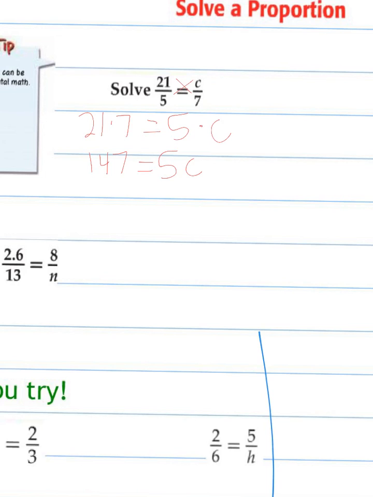Now we need to solve for C, so we need to find out 5 times what number equals 147. I'm going to divide both sides by 5. I want to get C by itself, and C equals 29.4.